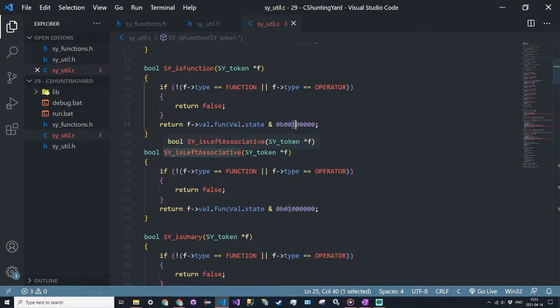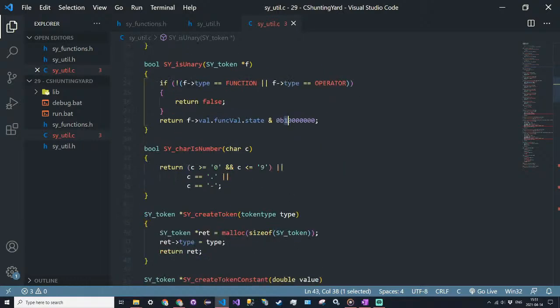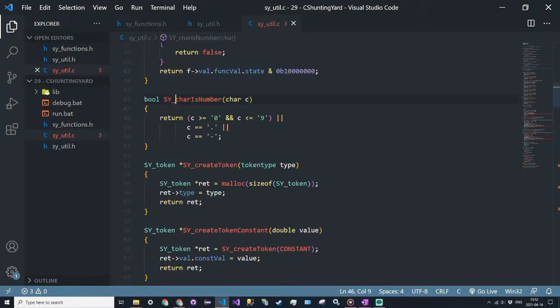With left associative, it's the same thing, just using the 7th bit, and then unary will be the 8th bit, using the same principles. Next is character is number, and that's simply going to return true if the character is either a digit, a decimal point, or a negative sign.